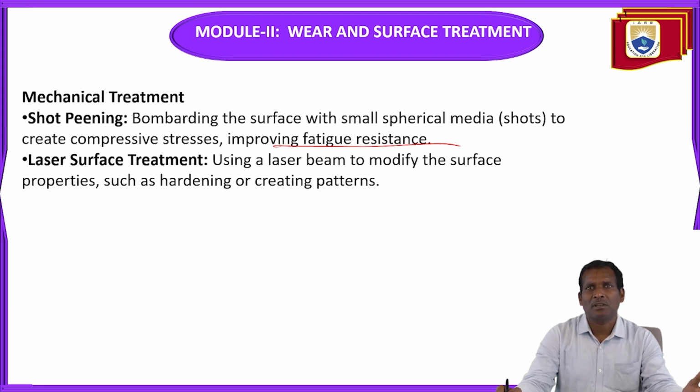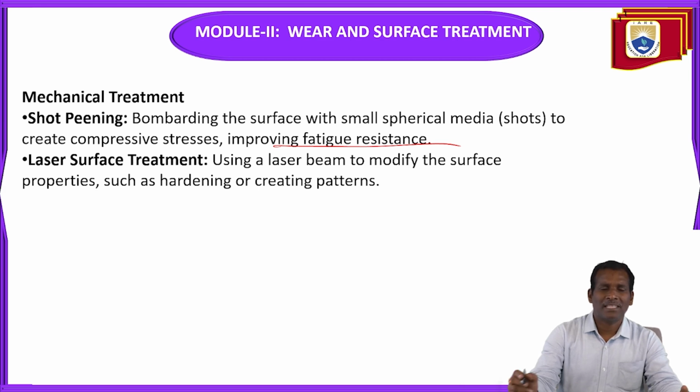Due to crack growth, the material will fail. This type of phenomenon is known as the fatigue phenomenon. So, by using this shot peening treatment, you can improve the fatigue resistance.